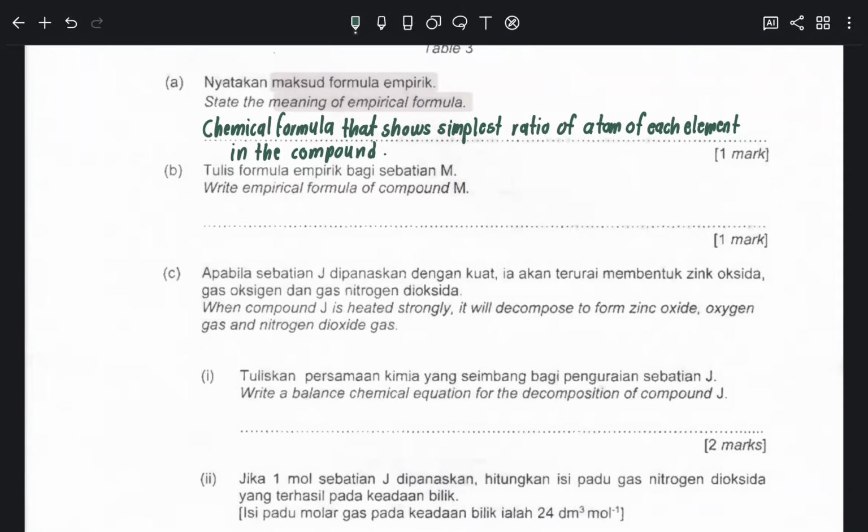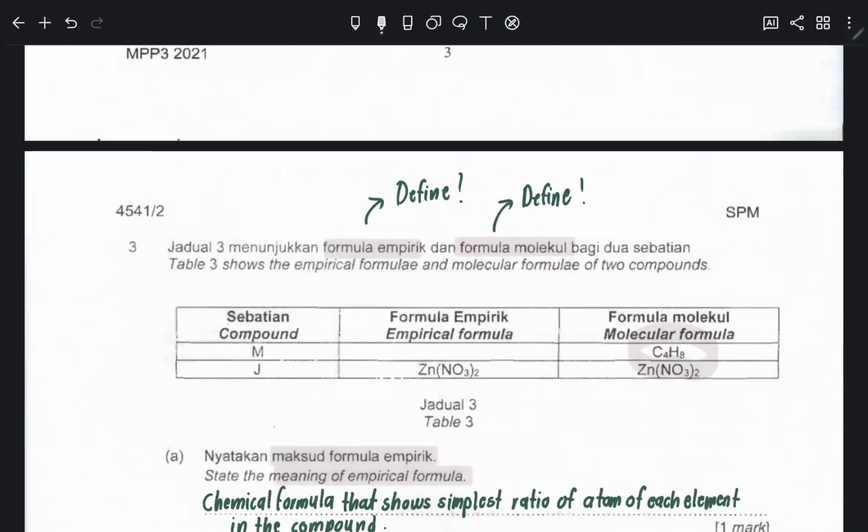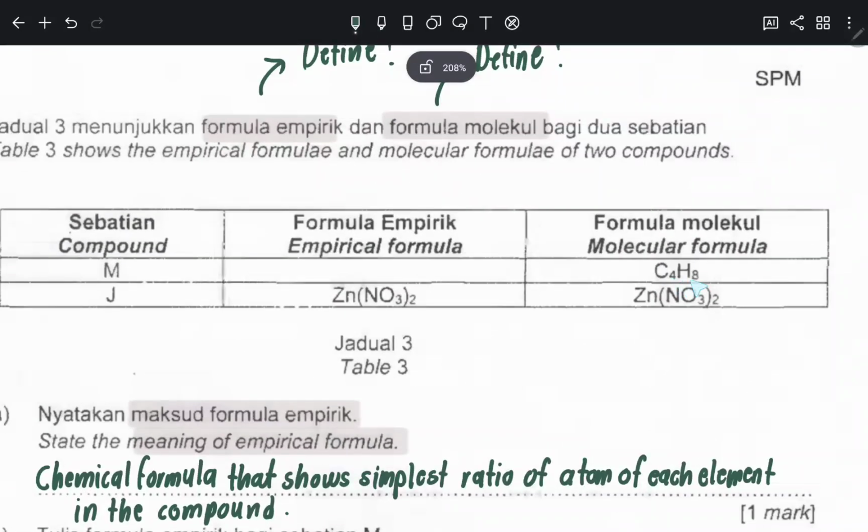Okay, now write the empirical formula for compound M. So this is compound M. You have C4H8, meaning that you have 4 and 8, right? Do you have 4 and 8 in the same table? Yes, we have 4 and 8 in table 4. I know table 2 also has 4 and 8, but 4 is the biggest one, table 4.